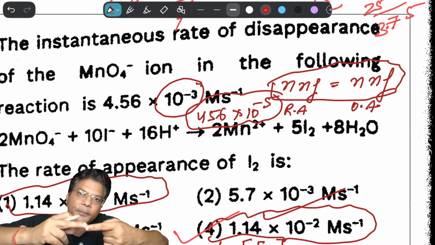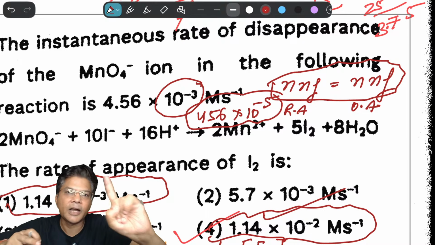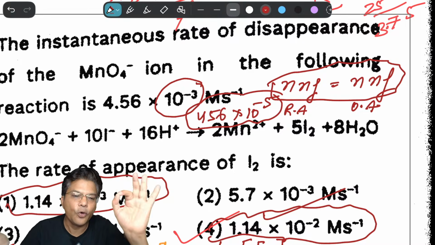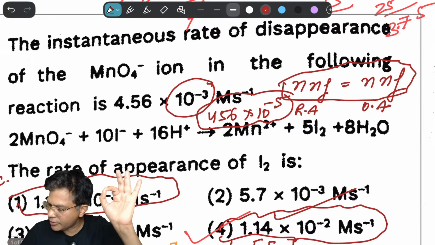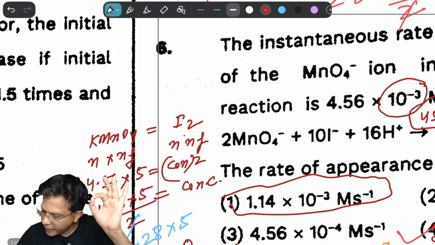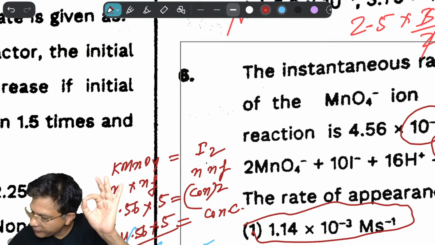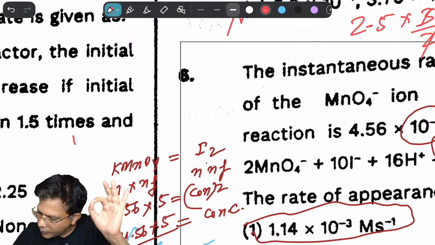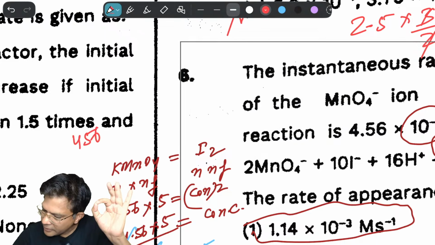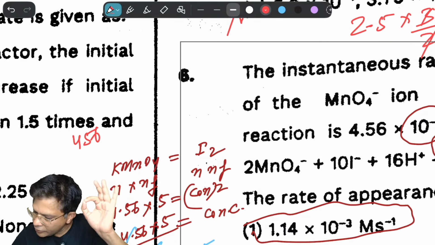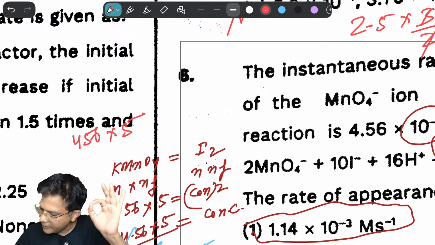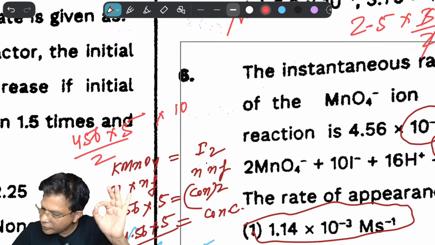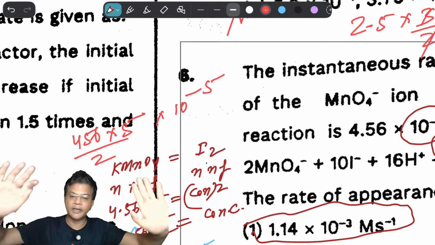Because many people in a hurry will mark the first option. Right now you are getting too much time. So 456 into 10 raised to power minus 5. So here I will write 456 into 5 divided by 2 into 10 raised to power minus 5. This is my calculation.